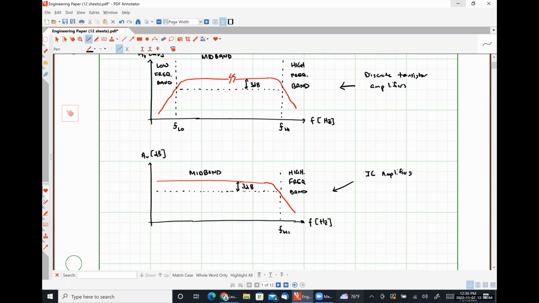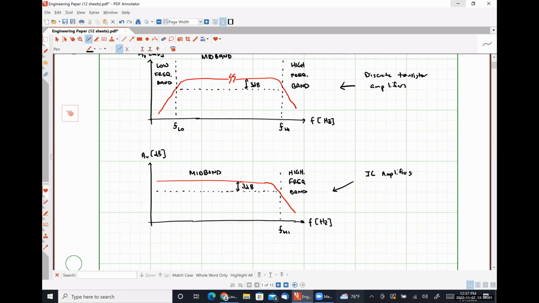So when we are designing an amplifier, it is typically our goal to maximize both the gain of our circuit, the voltage gain AV, and the bandwidth of our circuit in our design.